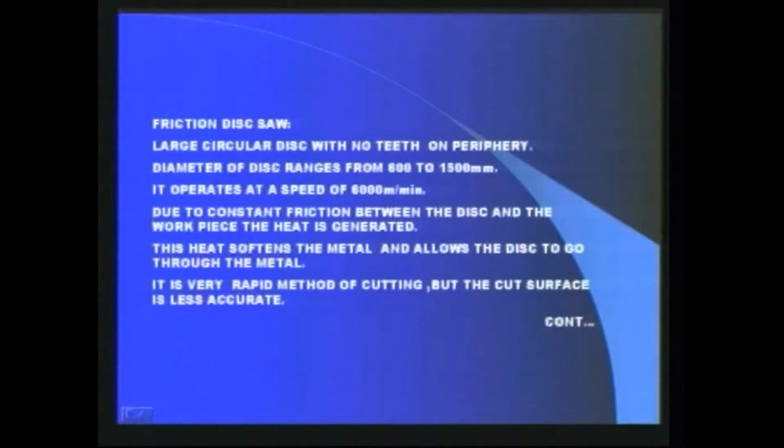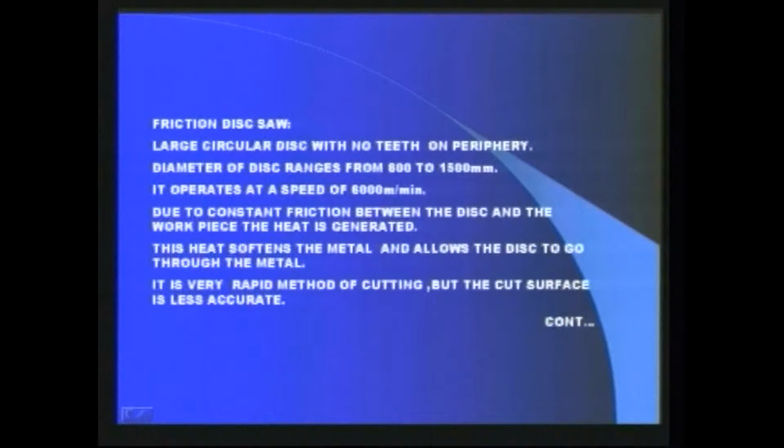The diameter of the disc ranges from 600 to 1500 mm and operates at a rim speed of about 6000 meter per minute. Due to constant friction between the disc and the workpiece, the heat generated is sufficient to soften the metal and allows the disc to go through the metal.